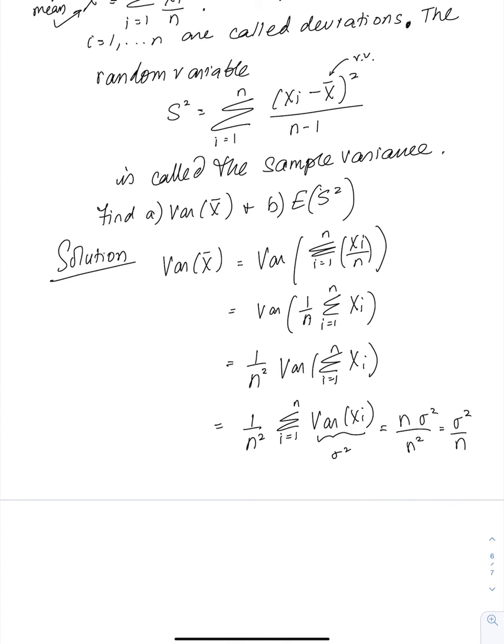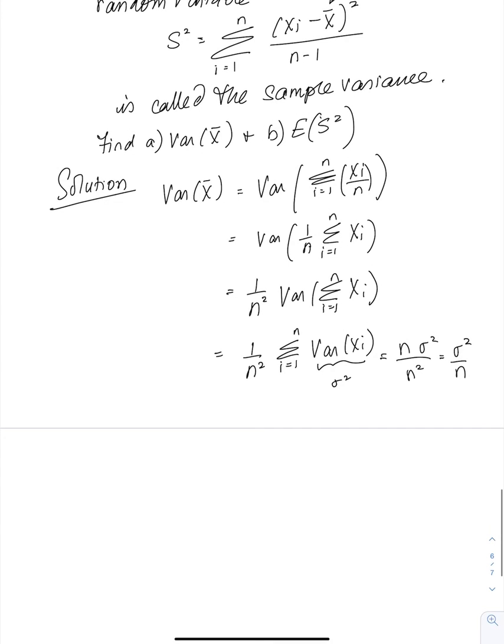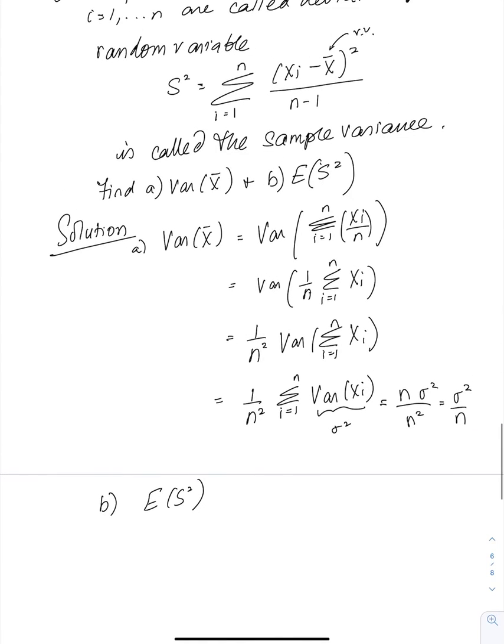Okay, and now let's look at part B and let's find the expected value of s squared. Okay, so what is s squared? S squared is the summation of xi minus x bar whole squared over n minus 1.